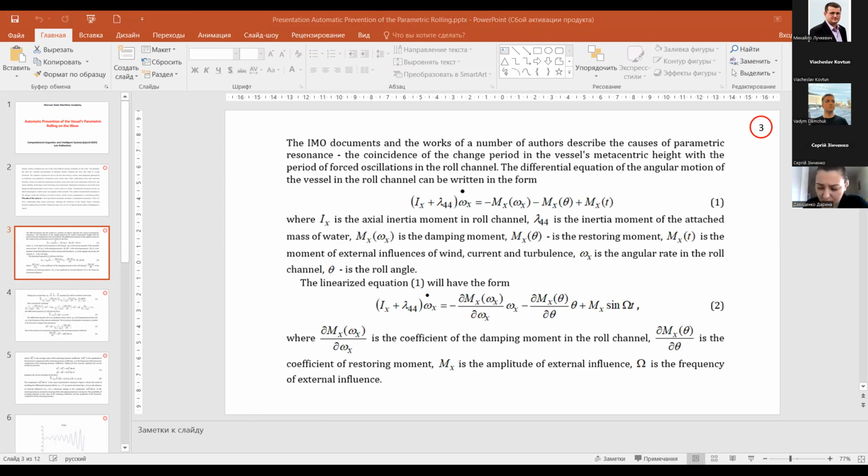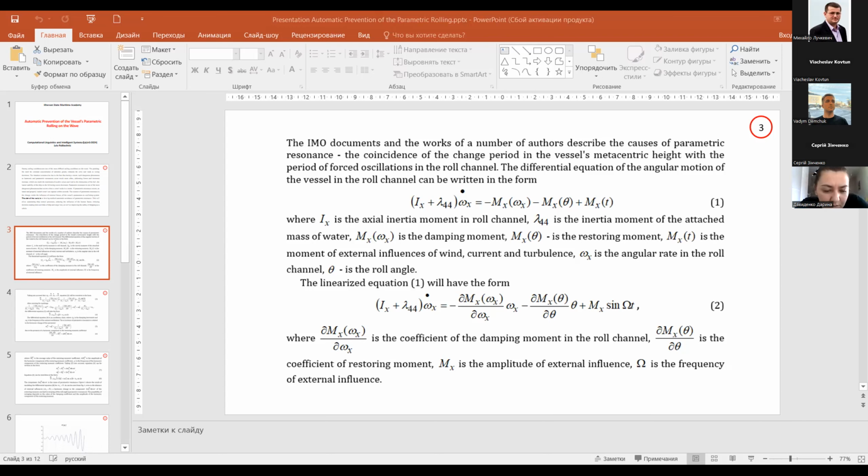The differential equation of the angular motion of the vessel in the roll channel can be written in the form 1, where Ix is the axial inertia moment in the roll channel, lambda 44 is the inertia moment of the attached mass of water, Mx is the damping moment, Mx theta is the restoring moment, and Mxt is the moment of external influences of wind, current, and turbulence.